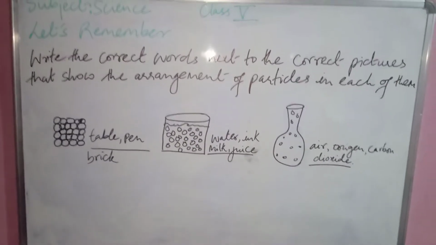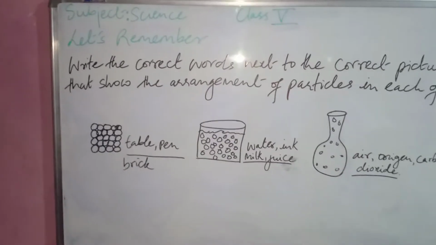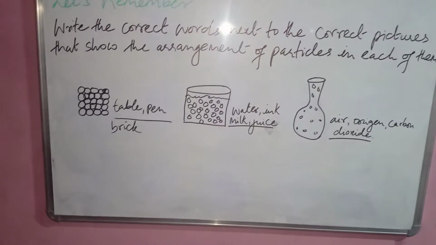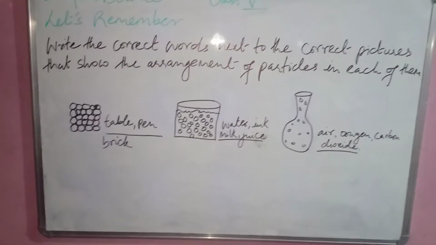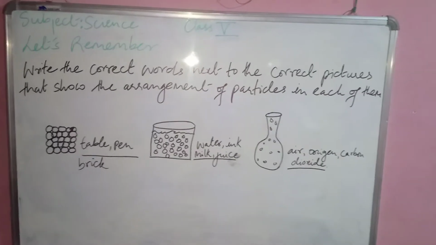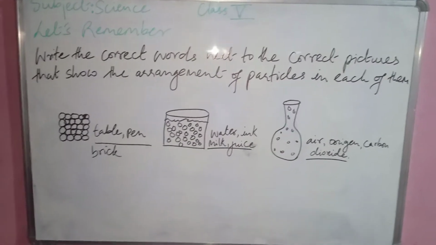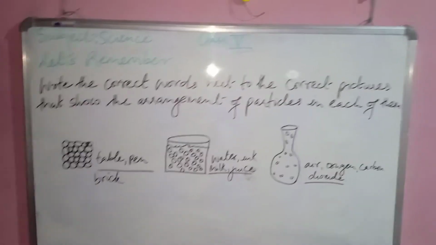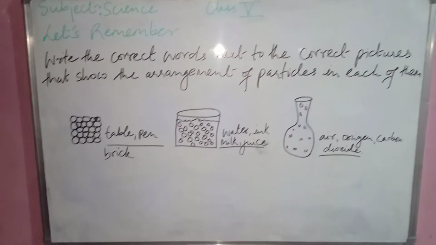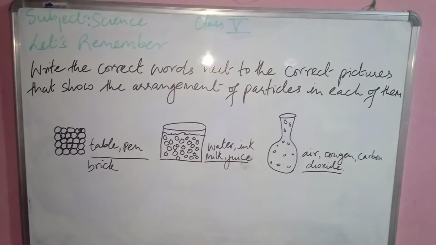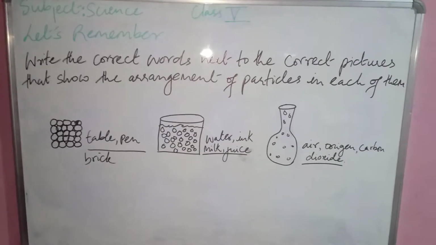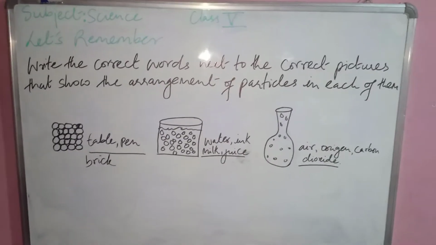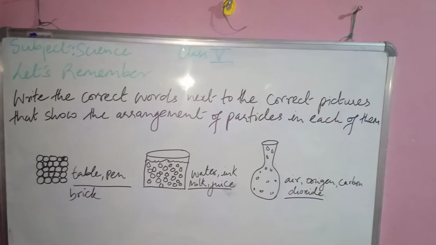It has a fixed formation and the molecules are closely packed to each other. That's why I have written here table, pen and brick. In the next diagram, the particles are not very closely packed, so water, ink, milk and juice are some examples of this diagram.